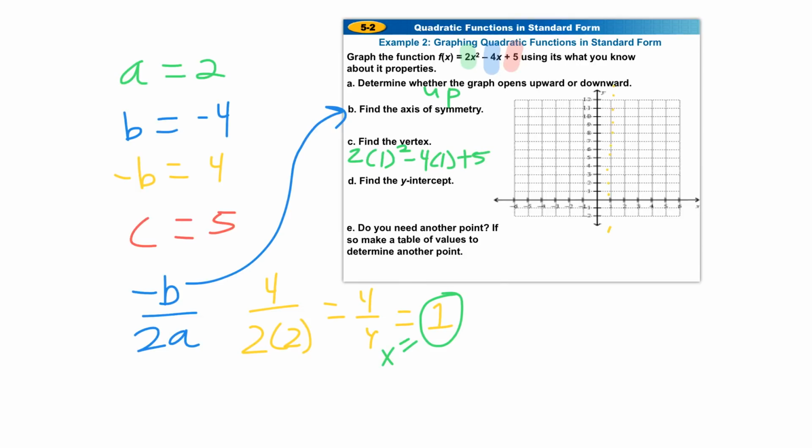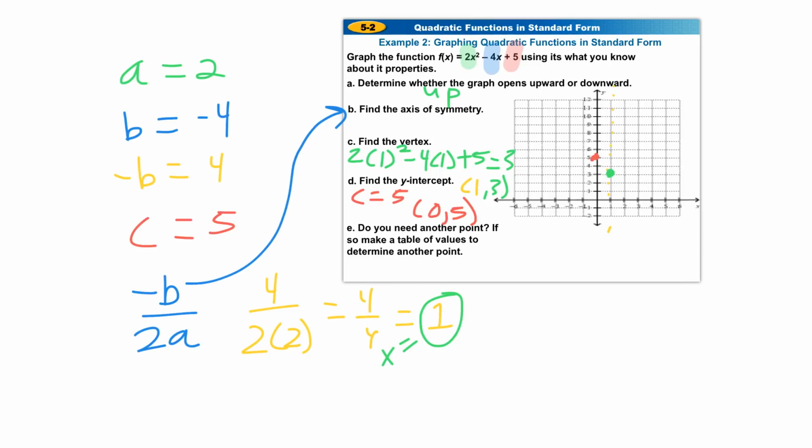And that's going to be 3. So our vertex is (1, 3). So if we go over to 1 and up to 3, that's the vertex of the parabola. Now it says find the y-intercept. The y-intercept is c. To write that as an ordered pair, it's (0, 5). Because it's the y-intercept, (0, 5).